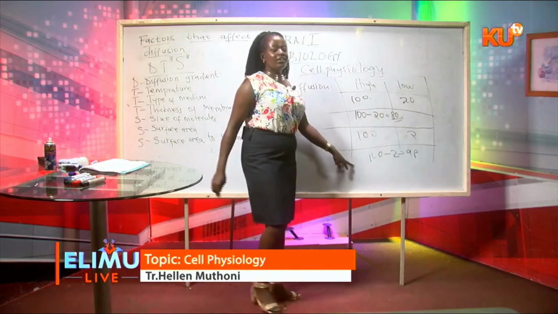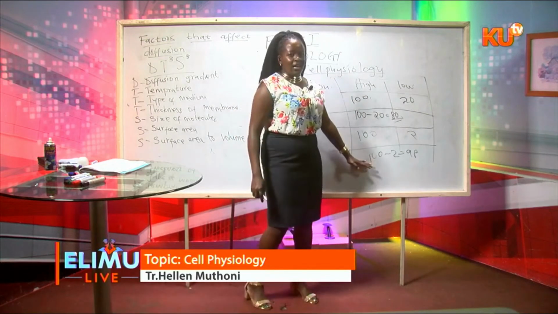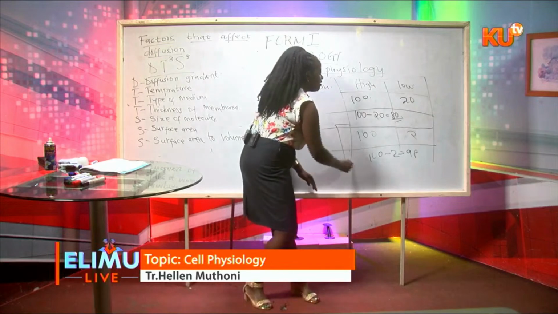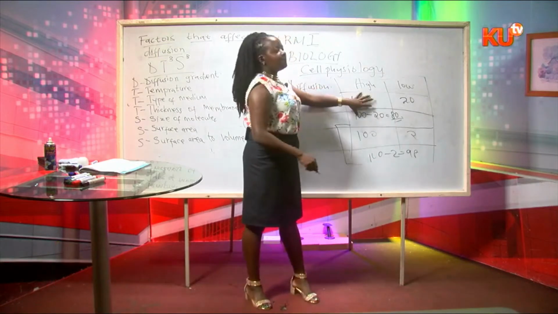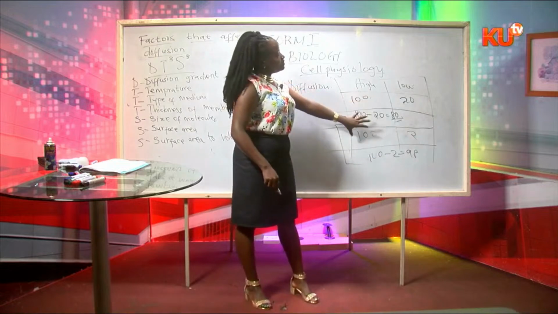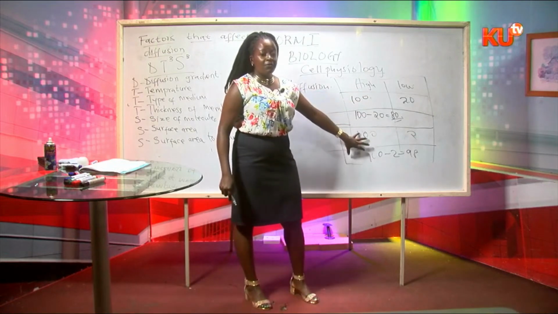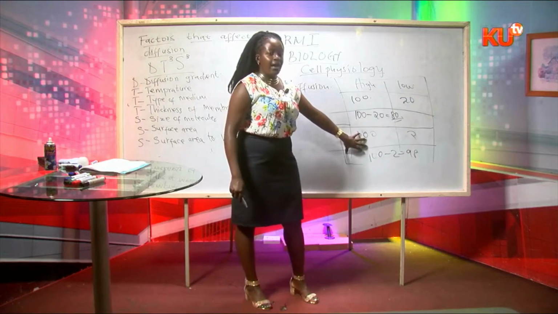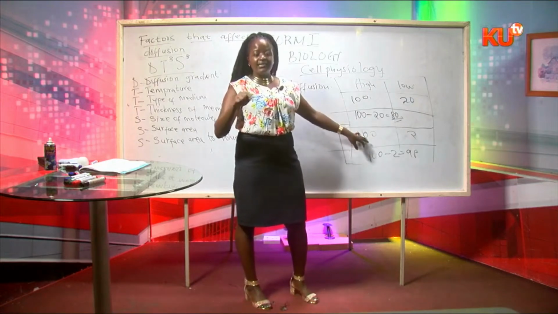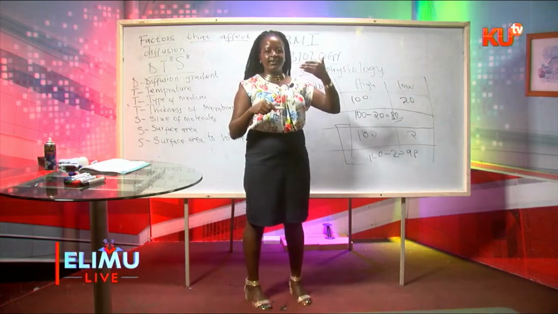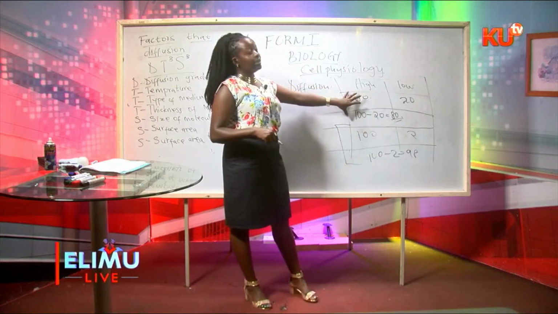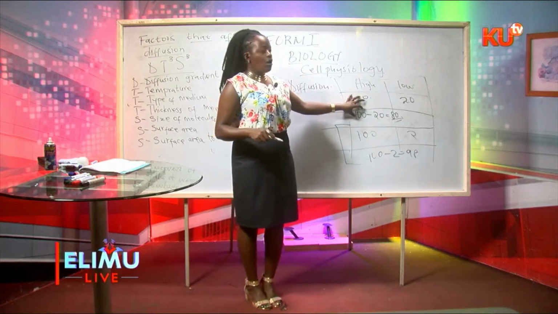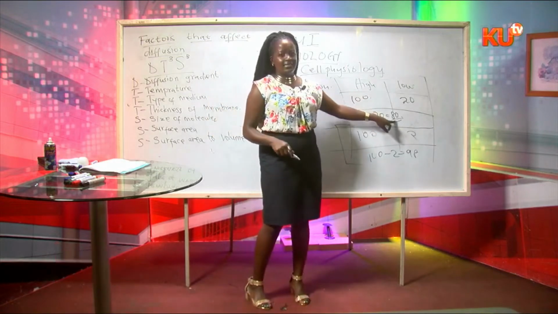So the diffusion gradient in the second scenario will be greater than in the first scenario. So there will be a higher rate of diffusion in this area because the difference in concentration is greater, and there will be a low rate of diffusion in this area because the difference is lesser.